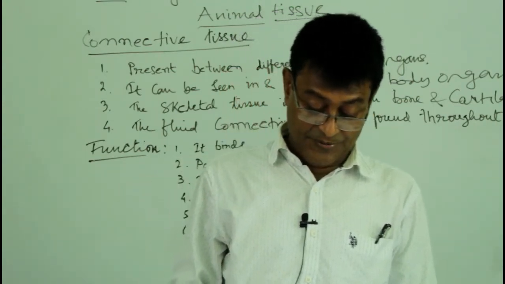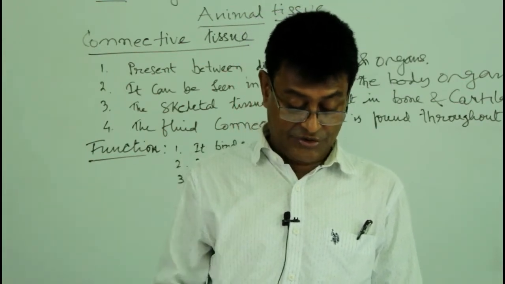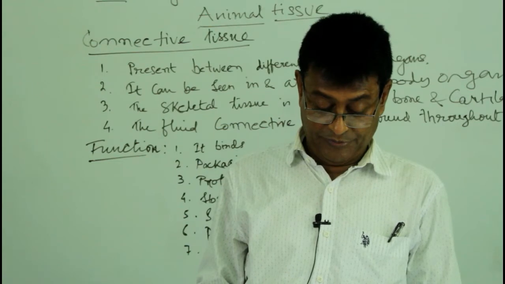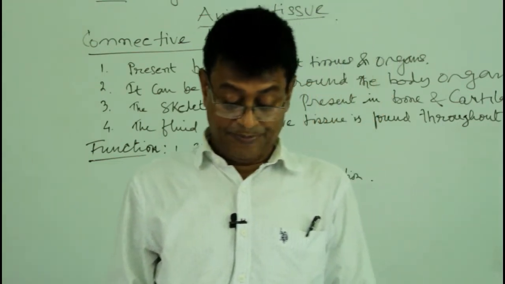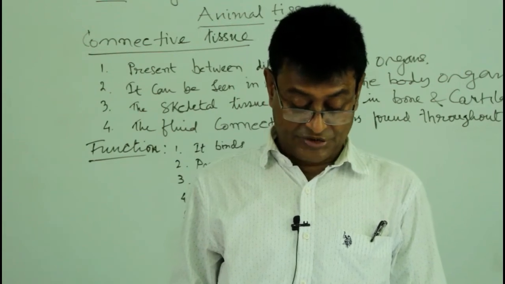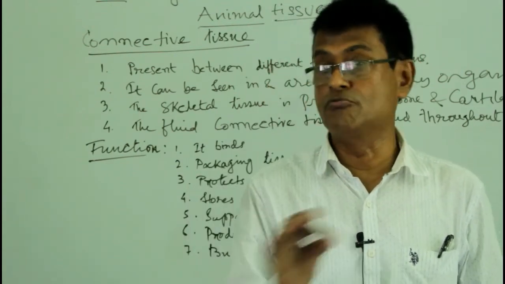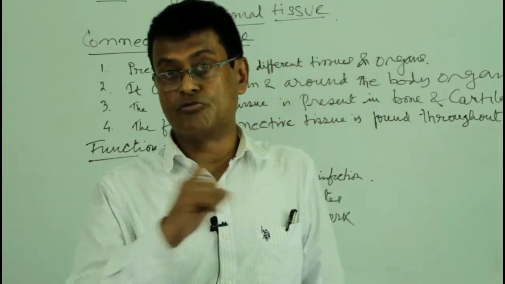The fibrocytes are arranged in rows between them, and the collagen gives strong, flexible strength. Tendons join skeletal muscles to the bone. So muscle to bone, tendons.